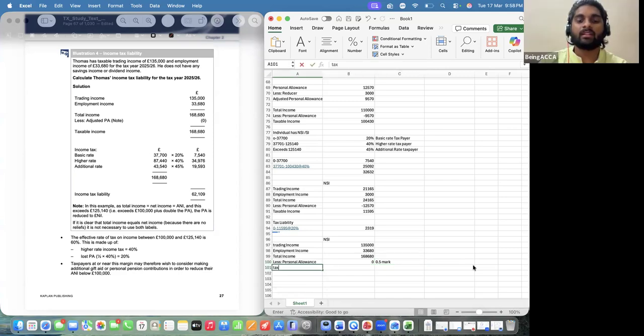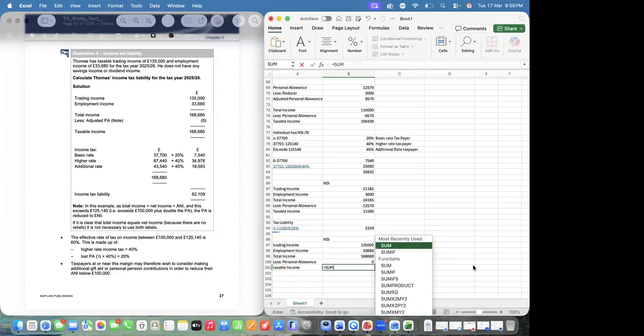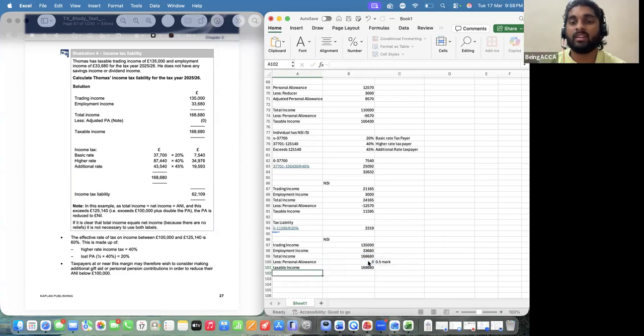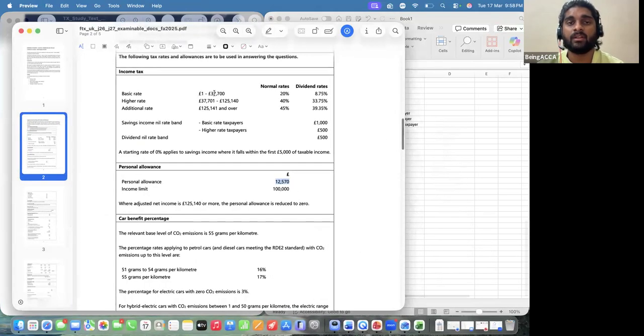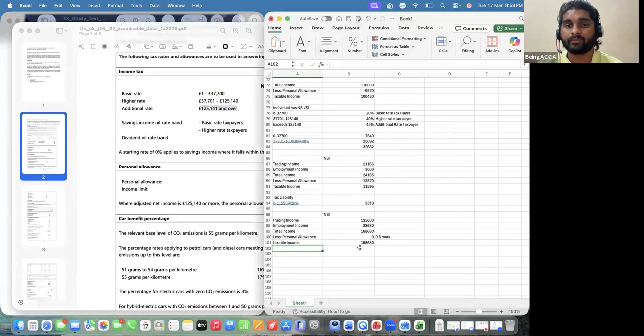So now your taxable income. How much is your taxable income? 168,680. Perfect. Now, what is happening? Is this exceeding? We have three rates. One is 0 to 37,700, 37,700 to 125,140, and over 125,140.